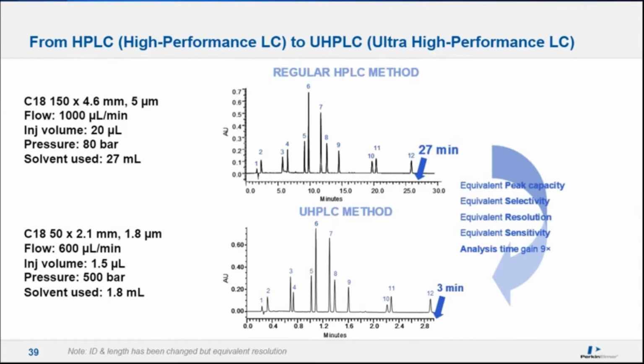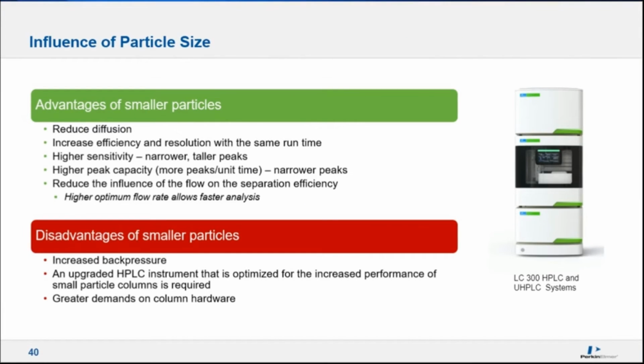This is even more dramatic when we go from a 5 micron particle to a 1.8 micron particle. In this case, we've adjusted everything so that we have reduced our analysis time from 27 minutes for the 5 micron particle, and we're able to maintain the same resolution with the 1.8 micron particle in less than 3 minutes. So again, influence of particle size.